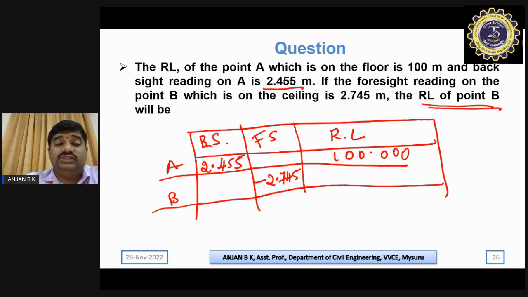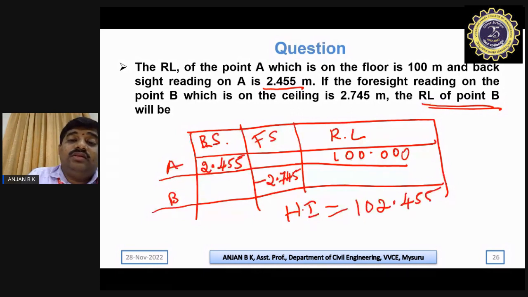It is quite easy. You can find it either using the rise and fall method, or you can use the HI method. Using the HI method, you find the height of the instrument, that is 100 plus 2.455, so the height of instrument will be 102.455. The formula to find the RL is HI minus the intermediate sight or the foresight.